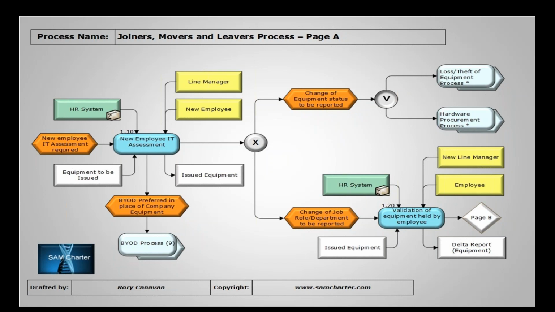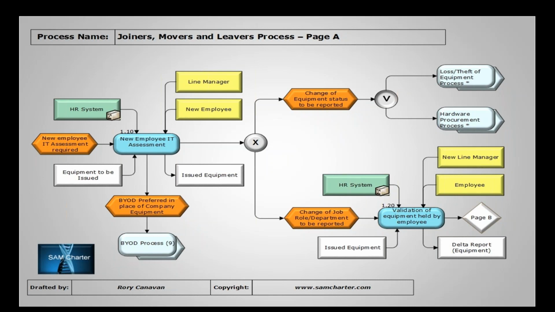So that's where we would then connect with the hardware procurement process. But no matter what happens, we need to ensure that the employee and the IT asset relationship is updated. We register the fact that the employee is no longer using the old equipment, and we ensure that we register the new equipment as being used by that person.